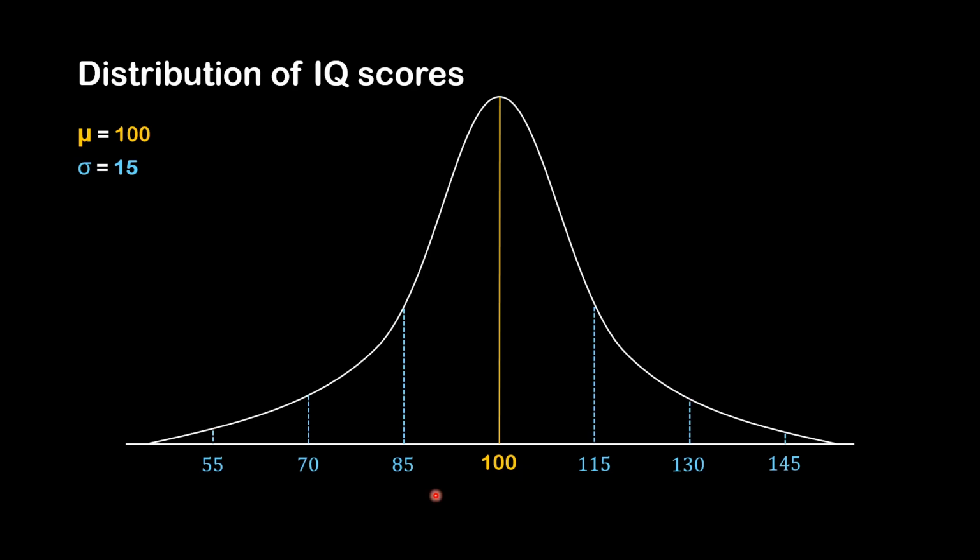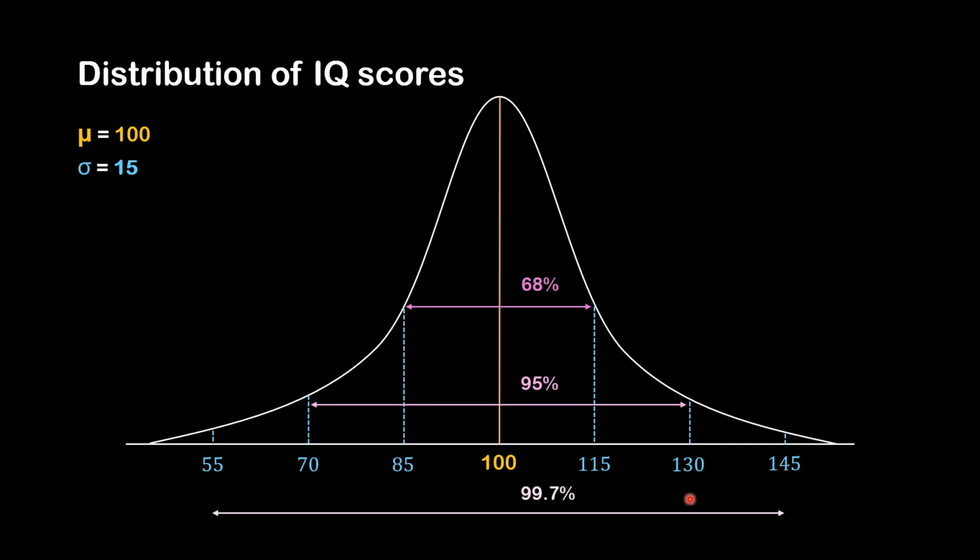If you recall what I said earlier, there's a 68% probability of observing someone with an IQ score between 85 and 115. There's a 95% probability of observing someone with an IQ score between 70 and 130, and a 99.7% probability of observing someone with an IQ score between 55 and 145.